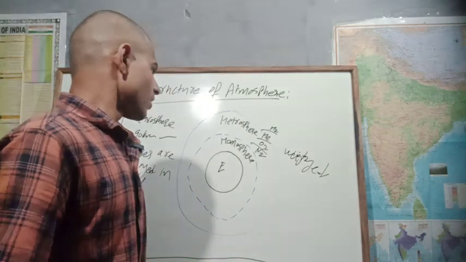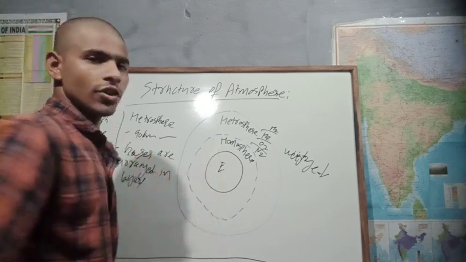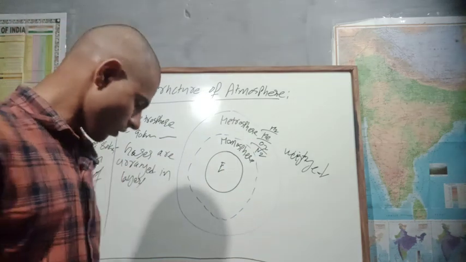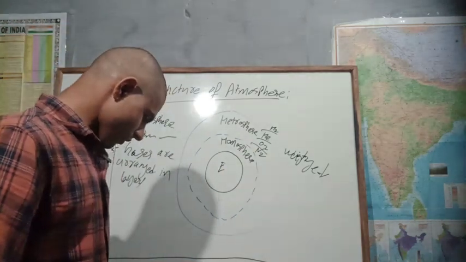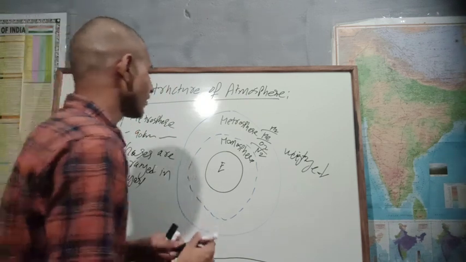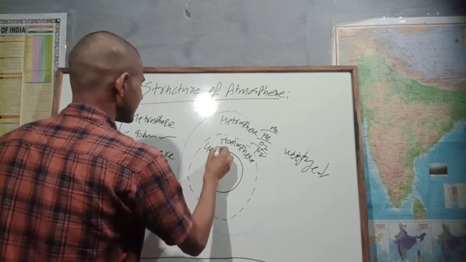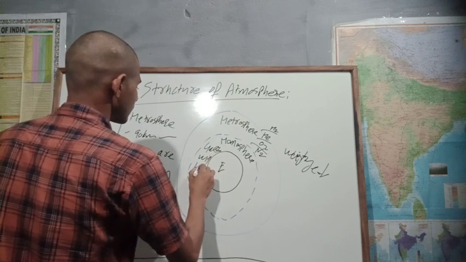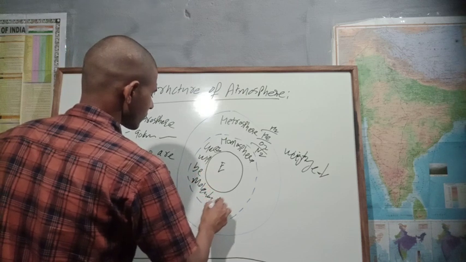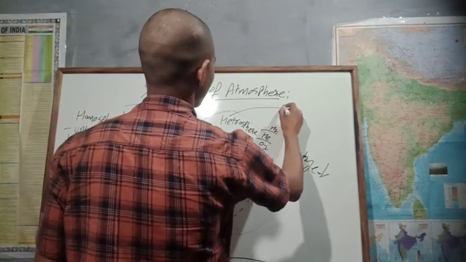What about the third thing I want to tell you? Here you will find that the gases will be in molecule form, but in heterosphere you'll find the gases are in atom form.